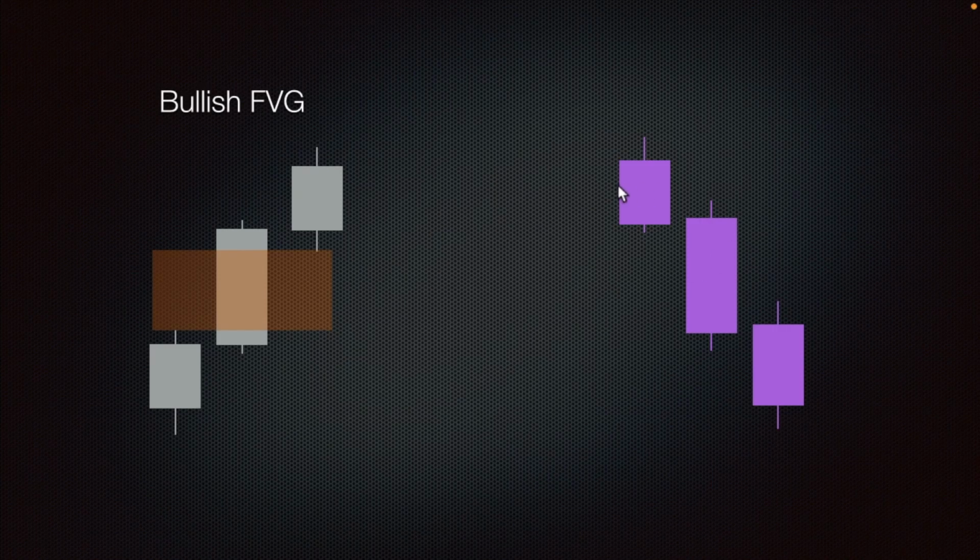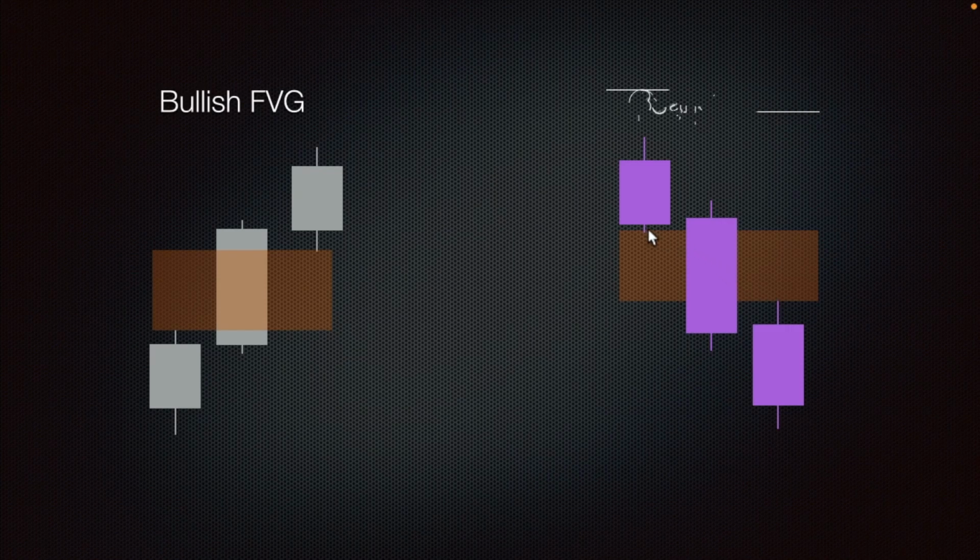On the flip side, here we've got price moving down, a three-candle pattern. You get a high followed by a move down, followed by another move down, which leaves this little gap between the high of the third candle and the low of the first candle.